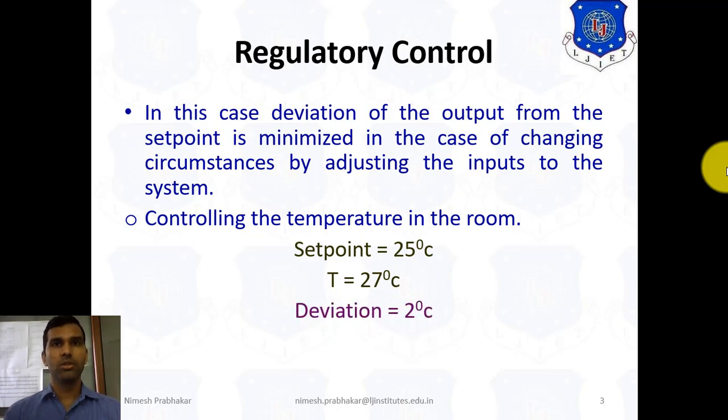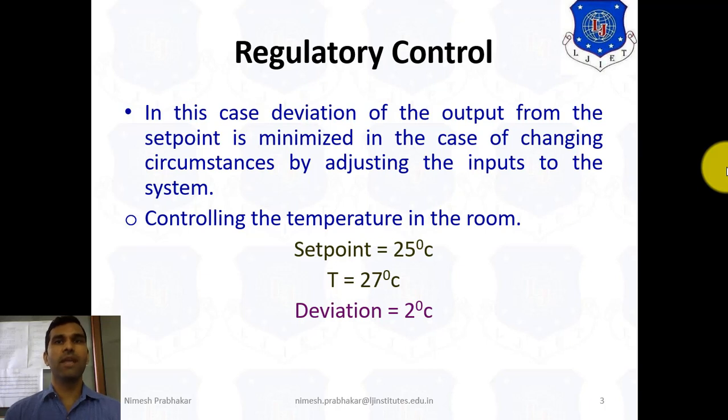Now, to achieve our desired temperature, we have to eliminate this deviation. To eliminate it, the control system starts the compressor and tries to reduce the temperature of the room.